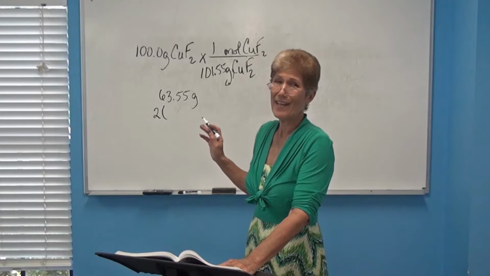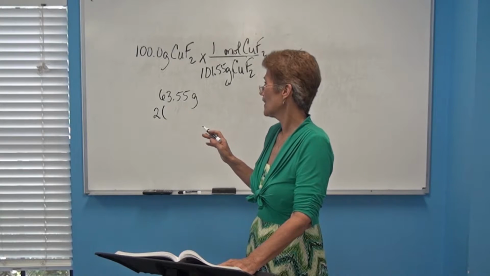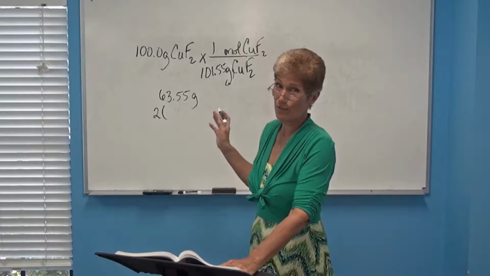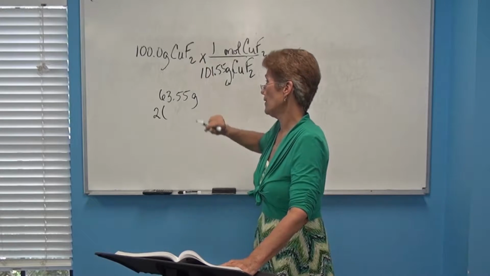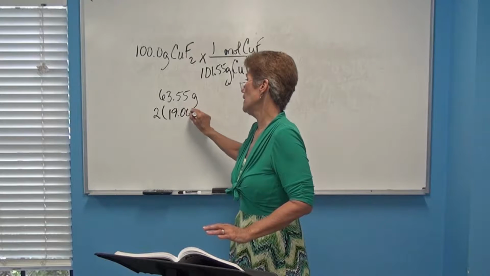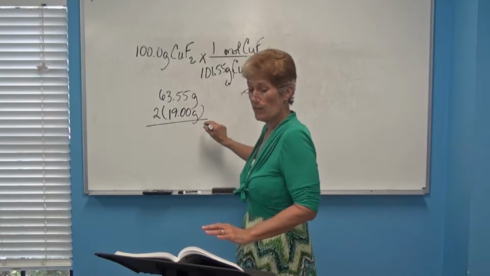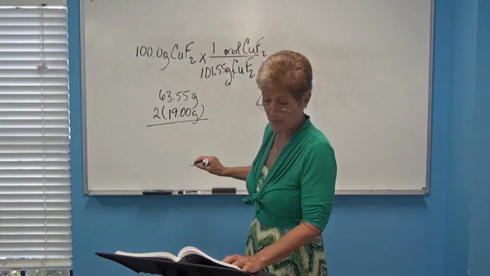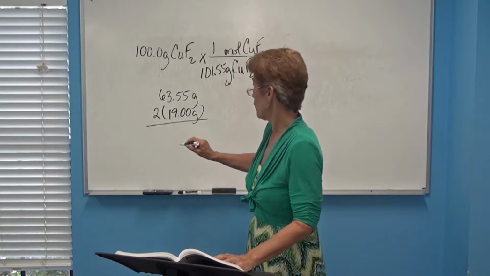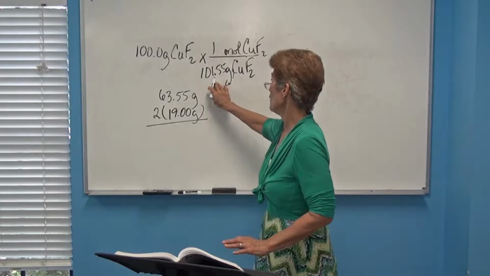So sorry. I said iron before, but it's actually fluorine, and it's fluoride in this case. So 2 times the fluoride, which would be 19 grams. And so that's going to give us, when we add it all together, the 101.55.